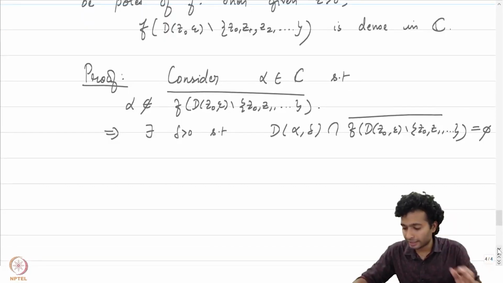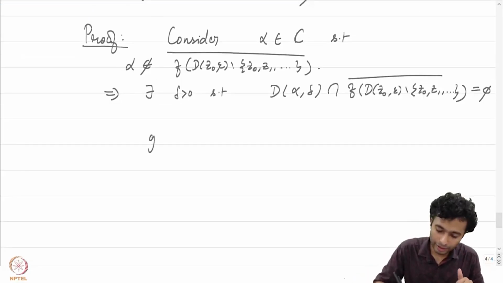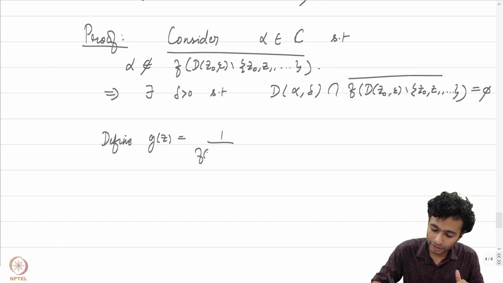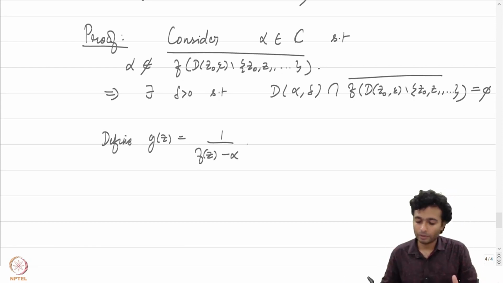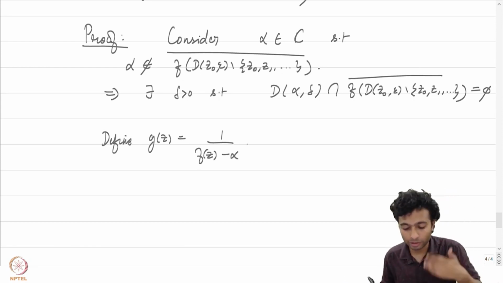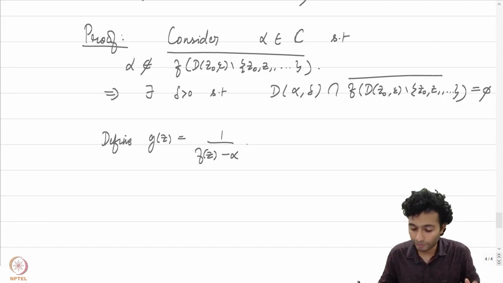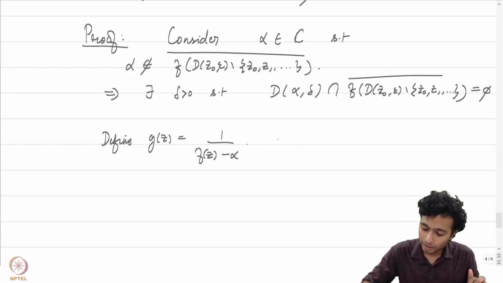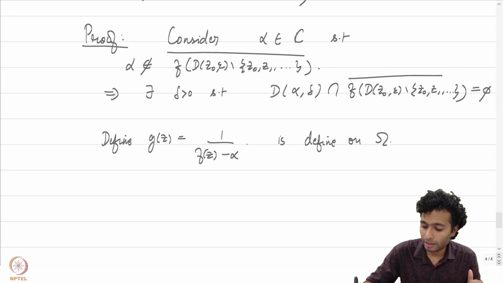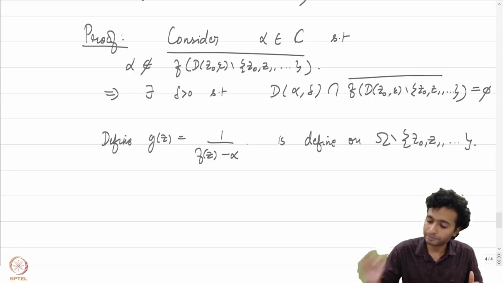So let's do the exact same thing that we did earlier. Define g of z to be equal to 1 by f of z minus alpha. Notice that f of z is not going to be equal to alpha ever. In fact, f of z doesn't take values in a neighborhood of alpha, and therefore 1 by f of z minus alpha makes sense. This is defined on omega minus {z0, z1 and so on}.